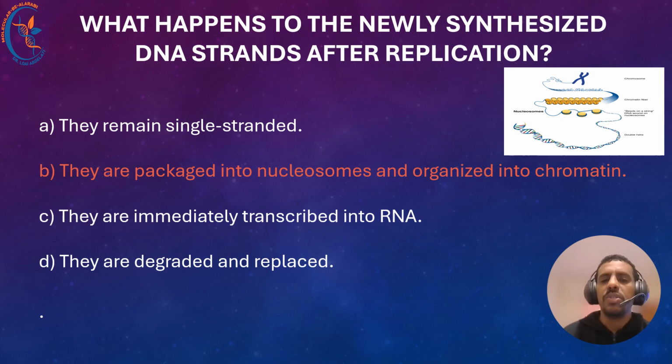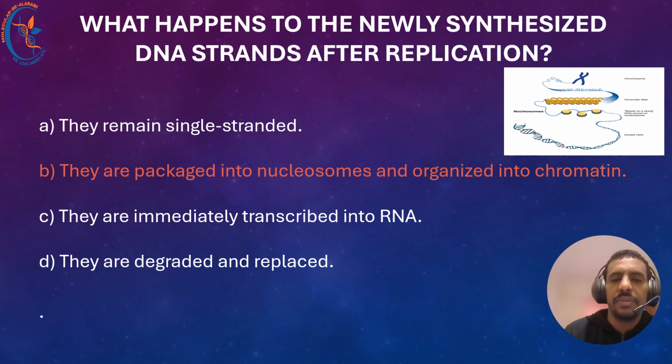These nucleosomes further coil and fold to organize the DNA into chromatin, a compact structure that fits within the cell nucleus. This packaging is essential for DNA stability, protection, and regulation of gene expression. So the correct answer is they are packed into nucleosomes and organized into chromatin.